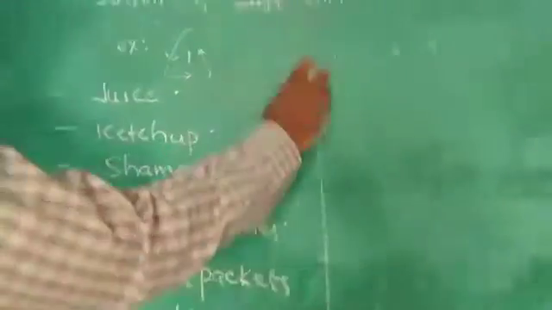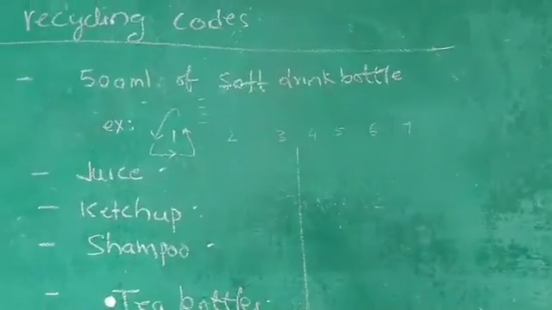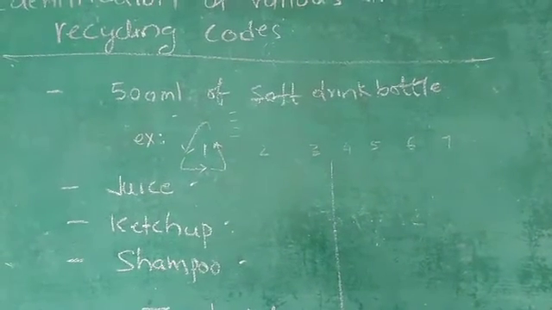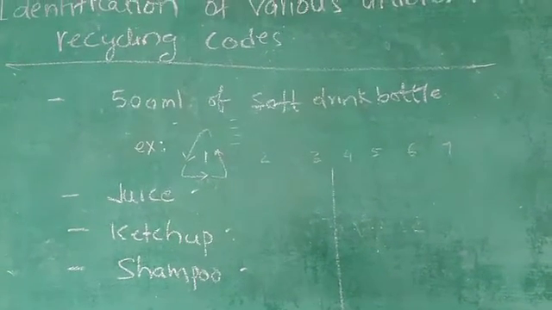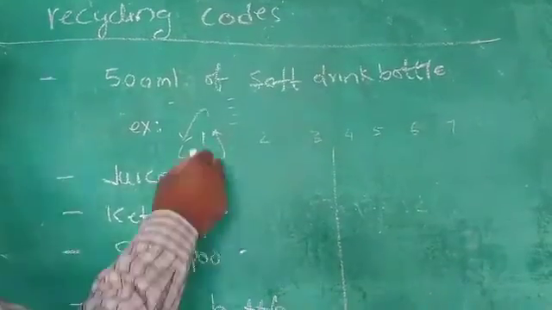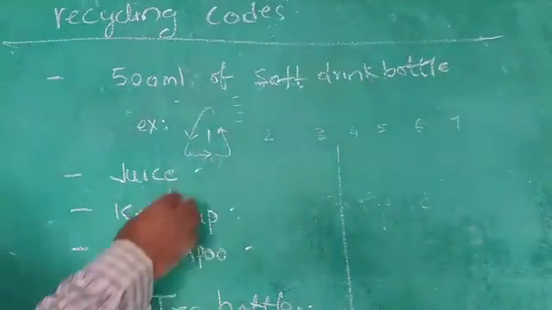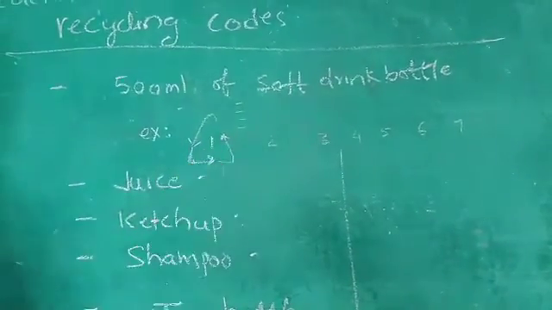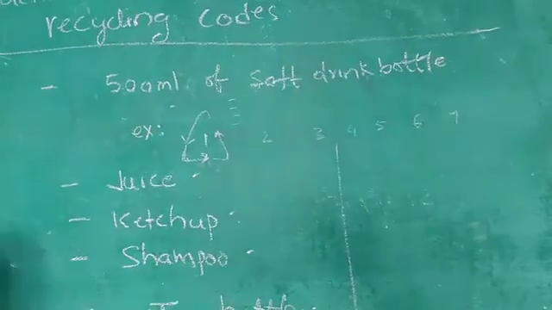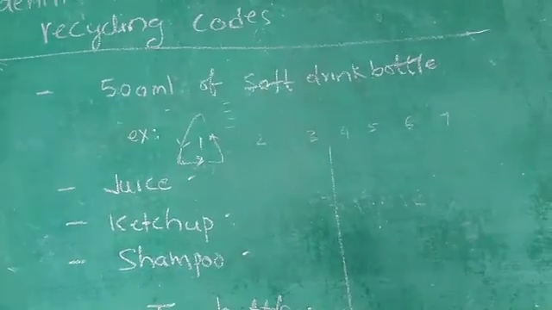Collect all of this and see what information is written there. Try to see what the triangle is. While observing this, you can also say whether it may be recycled or not. If it is used and crushed, it may be recycled again. Like that, you will get the information.